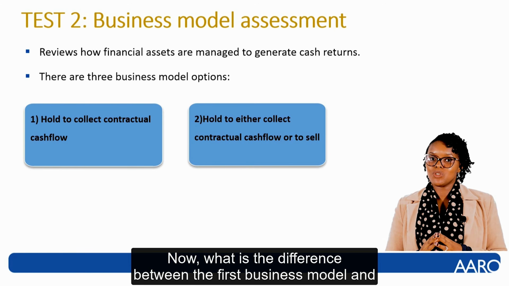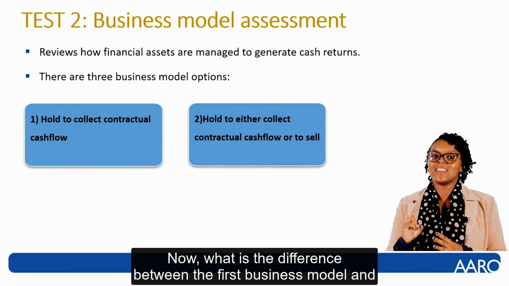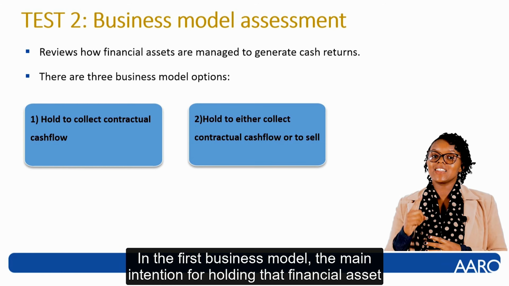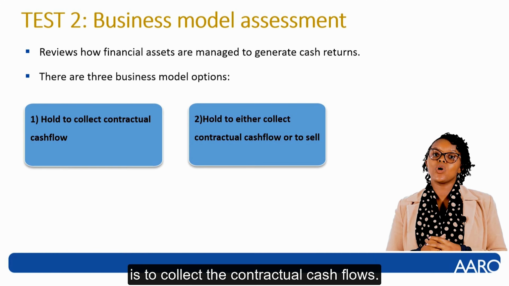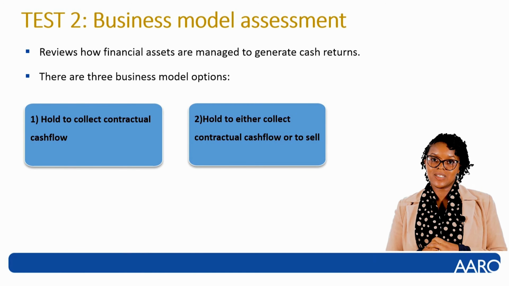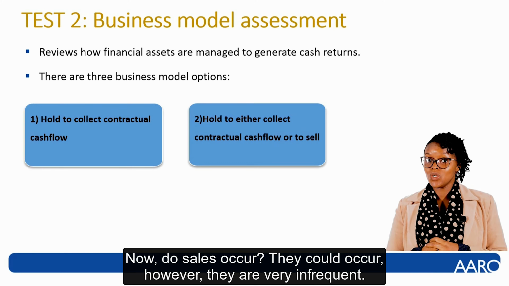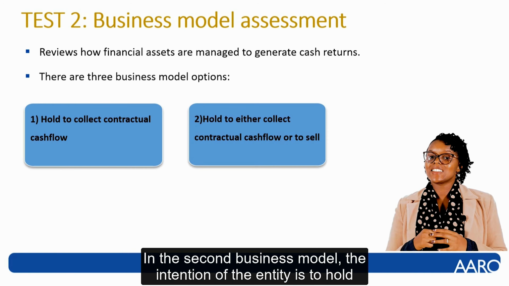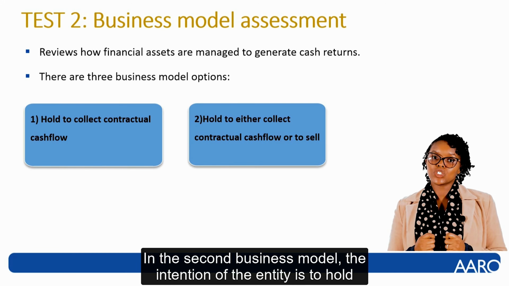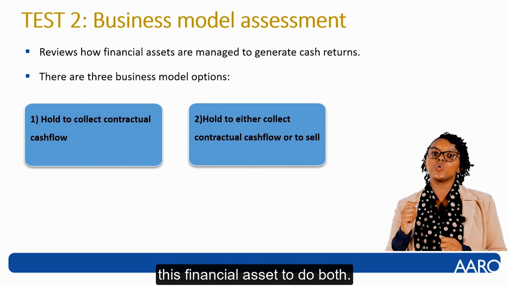Now, what is the difference between the first business model and the second business model? In the first business model, the main intention for holding that financial asset is to collect the contractual cash flows. Now, do sales occur? They could occur. However, they are very infrequent. In the second business model, the intention of the entity is to hold this financial asset to do both.